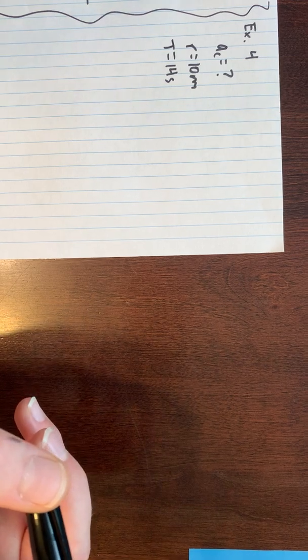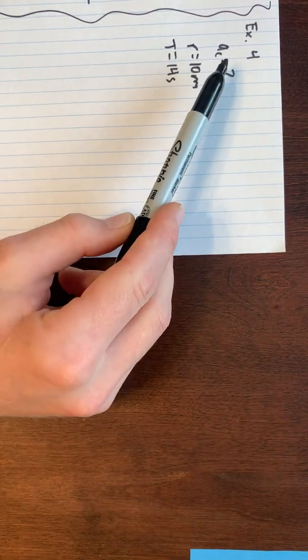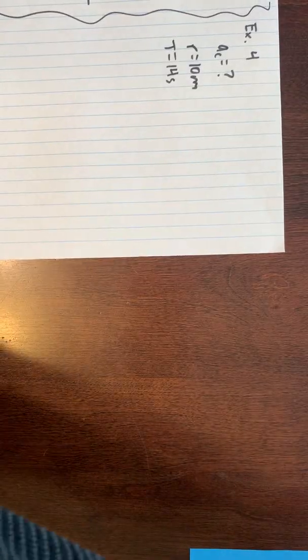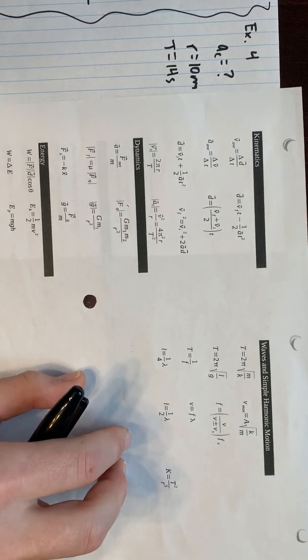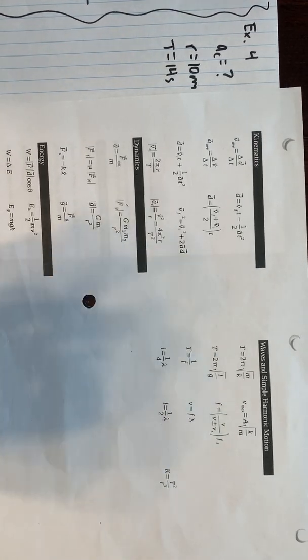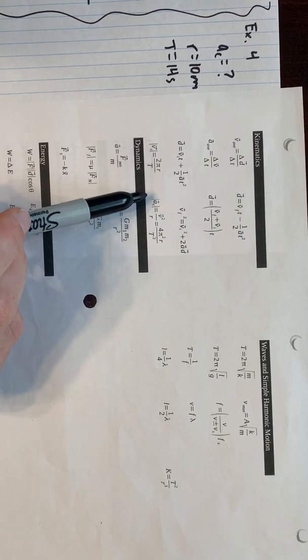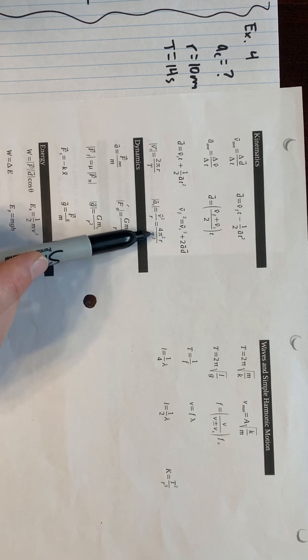Very good. Okay, so we're looking for a centripetal acceleration. We have a radius and we have our period. So let's look on our formula sheet for something that has all of those variables. Right here, centripetal acceleration is equal to 4 pi squared multiplied by r over T squared.